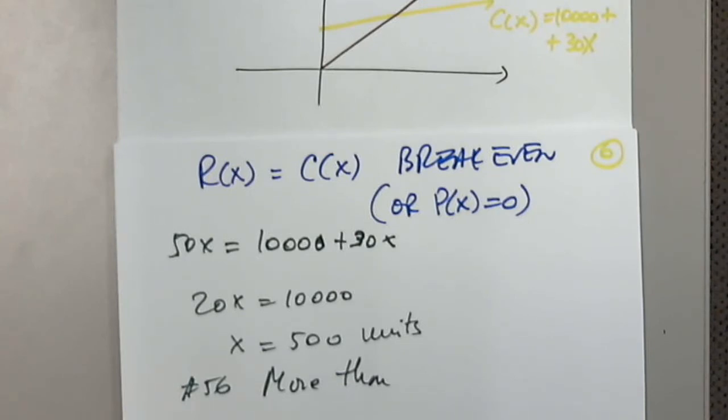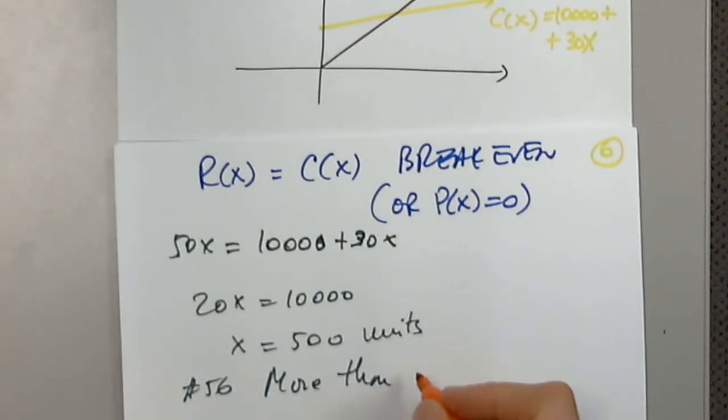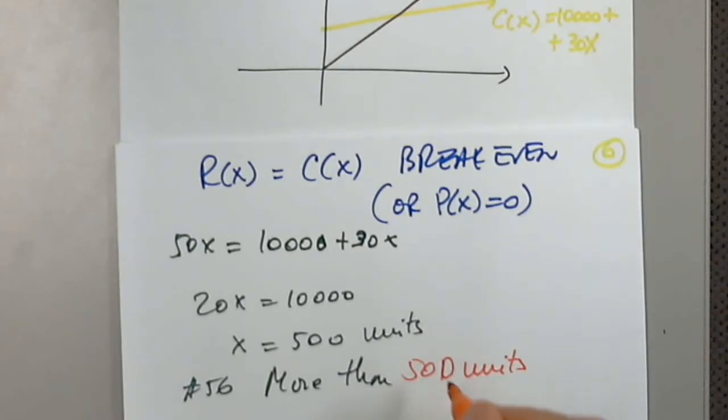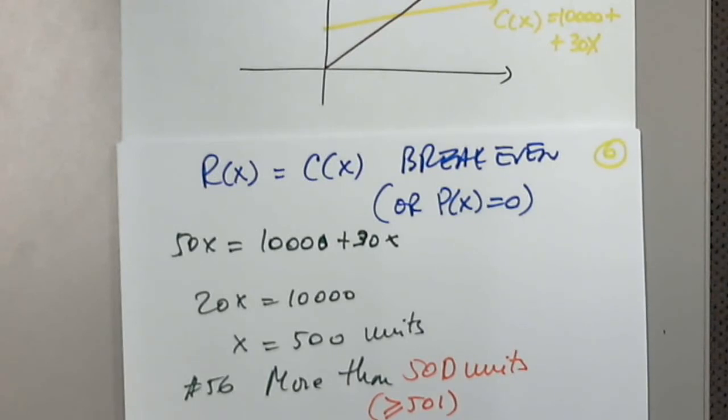What was the question? Let's read it again. More than how many radios must be produced and sold for the company to have a profit? Like the break even at 500, you can sell 501. More than 500, or if you want to say greater than or equal to 501. One or the other. Very good.